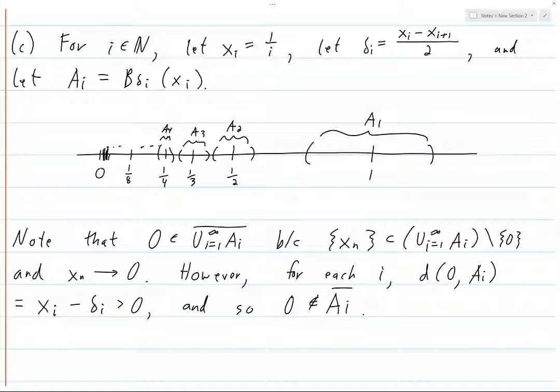surround the point 0 in a neighborhood. Say you take the neighborhood centered at 0 of radius (xi minus delta i) over 2.